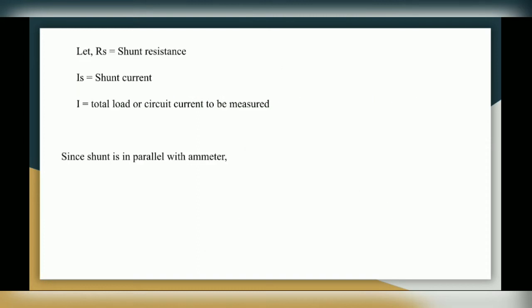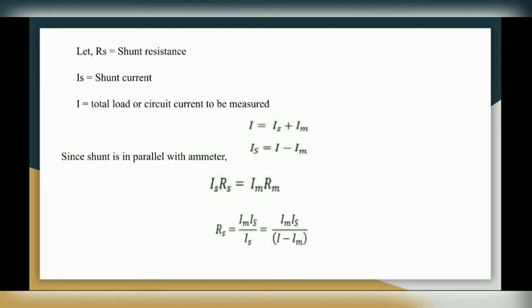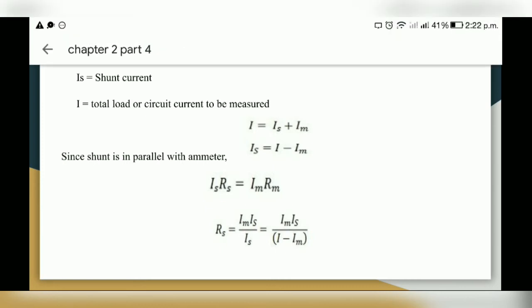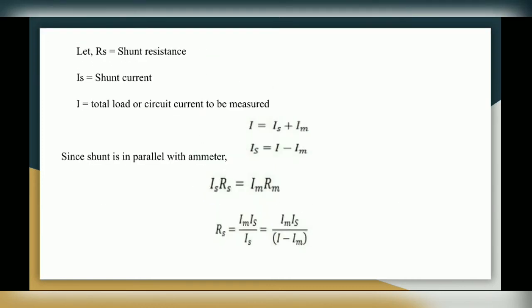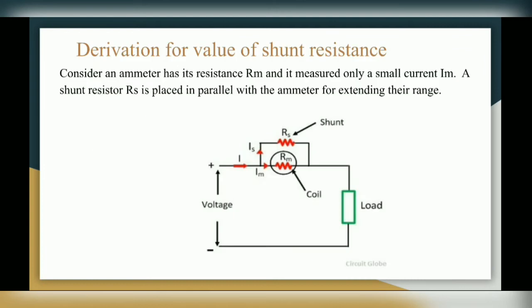This is the derivation for shunt resistance. Let Rs be the shunt resistance, Is the shunt current, and I the total load or circuit current to be measured. So I = Is + Im. In this diagram you can see I = Is + Im.